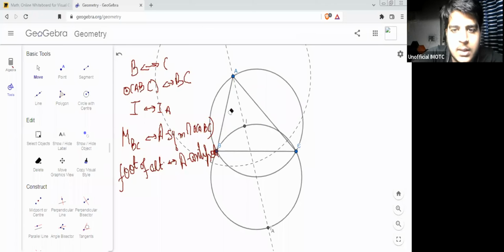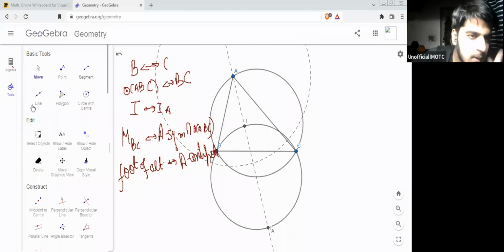How do I delete this? Oh, there's an eraser also. I never knew. Okay, so let's take the N circle.